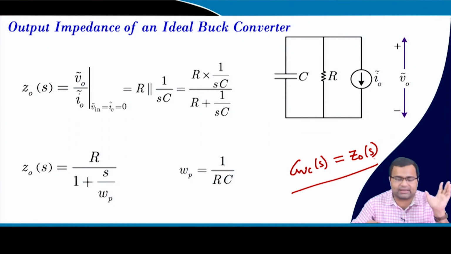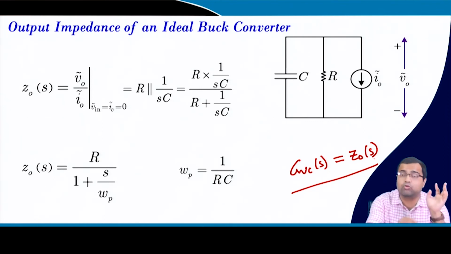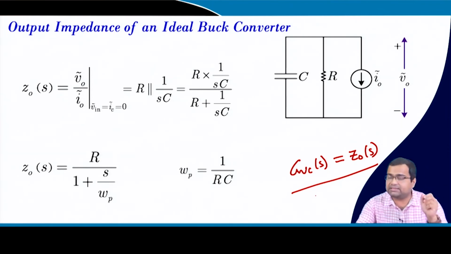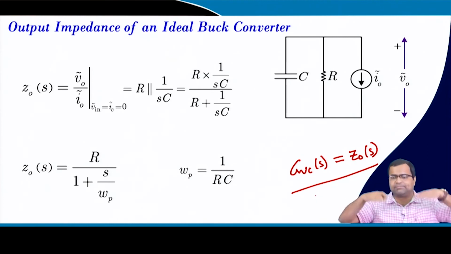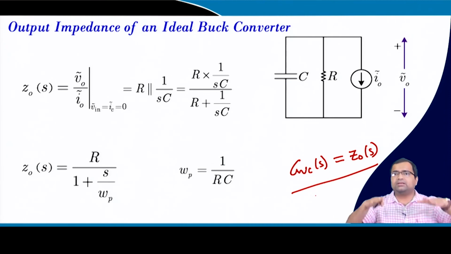But output impedance is heavily dependent on the load resistance. That means, if there is any change in load resistance, your output impedance DC value will shift up and down, and that is why the major drawback in current mode control is the load transient and load regulation problem.